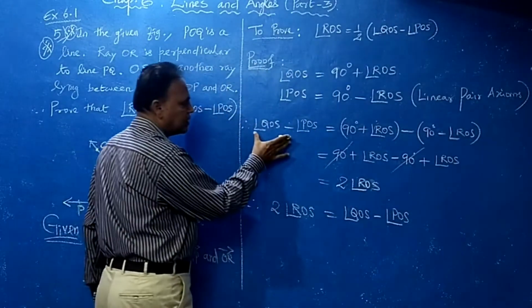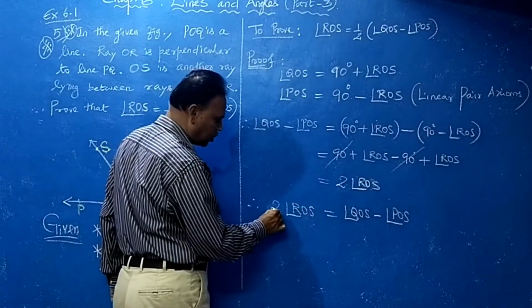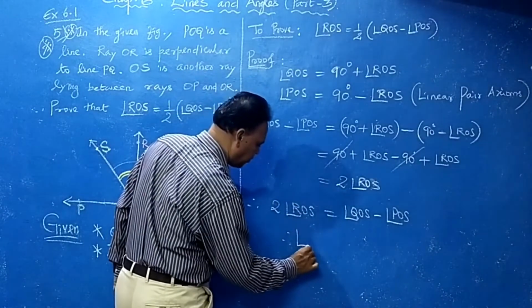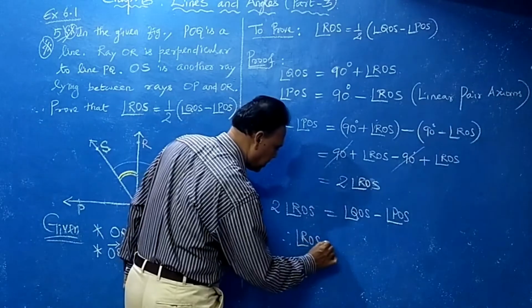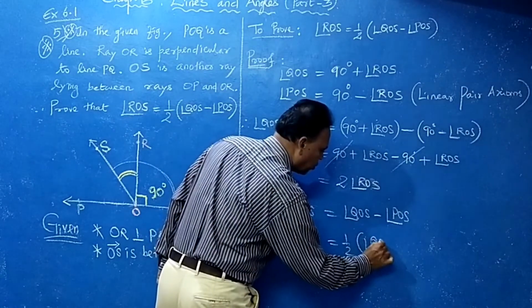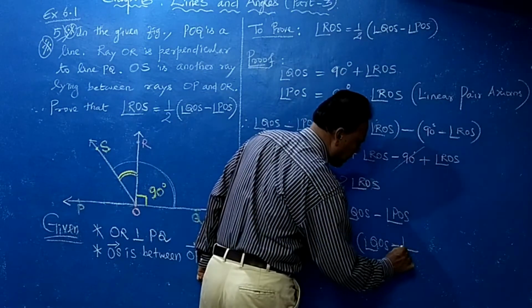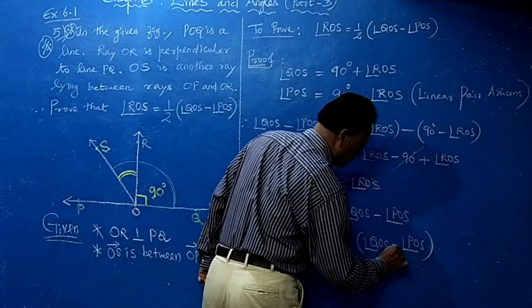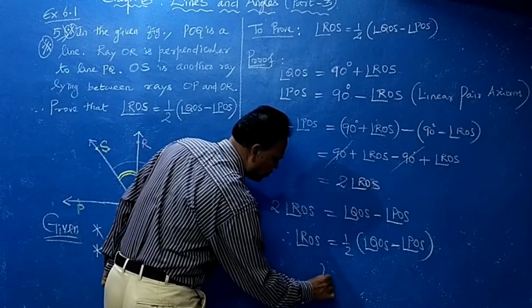Now divide by 2. Therefore, angle ROS is equal to half of angle QOS minus angle POS. Hence proved.